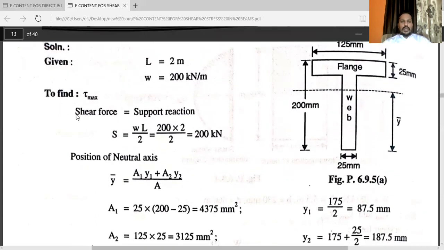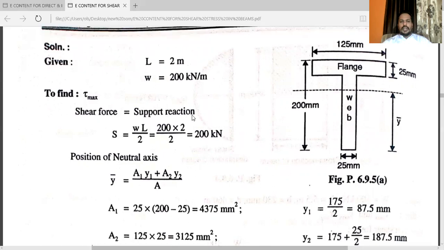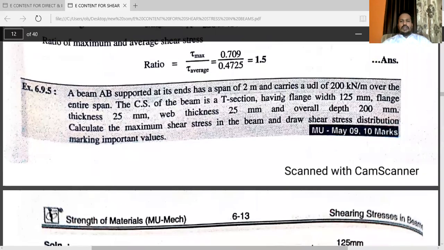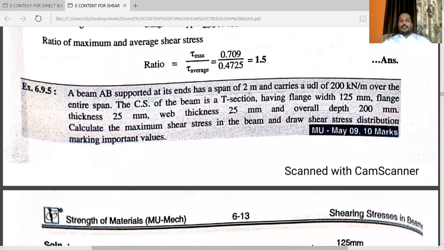The first step is to calculate the shear force, which is equal to the support reaction. So the formula is S is equal to W into L by 2. That is 200 into 2 by 2. That is 200 kilonewton is the shear force. Because the condition is given, span 2 meter. You can draw the diagram also, or you can take a direct formula.